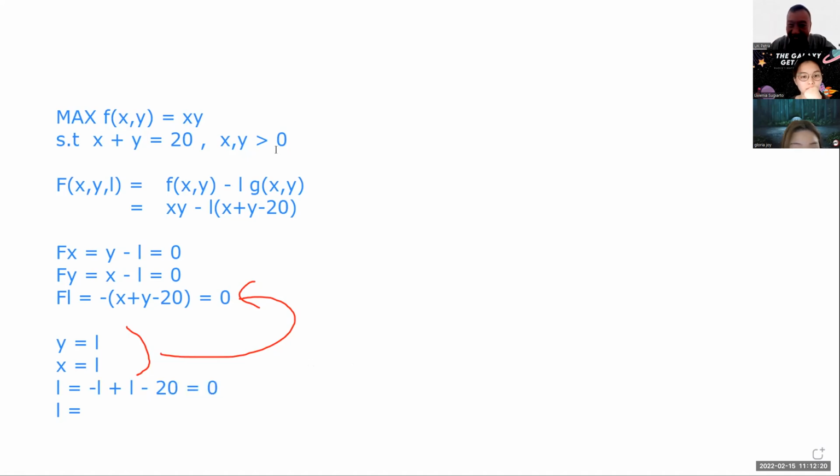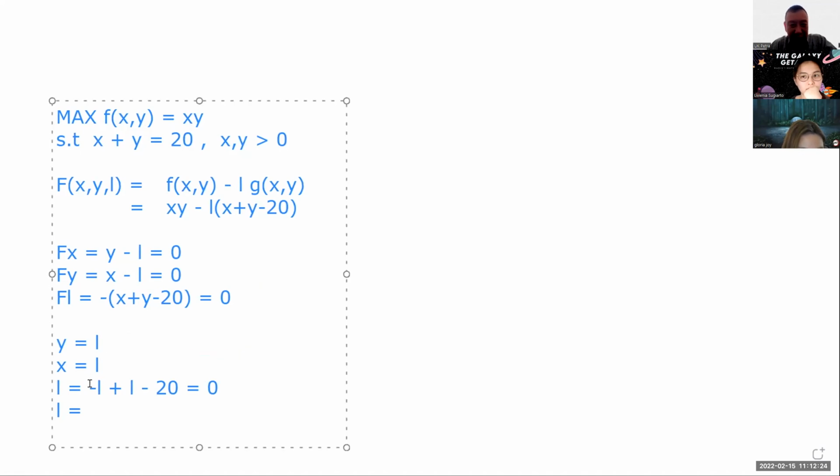Okay, I need to undo. Yeah, minus lambda. Oh, wait. I forgot to multiply the 2. So this one no need lambda in the left hand side.